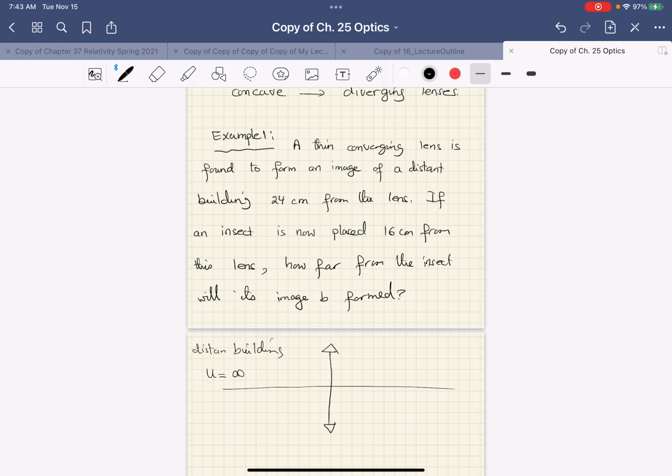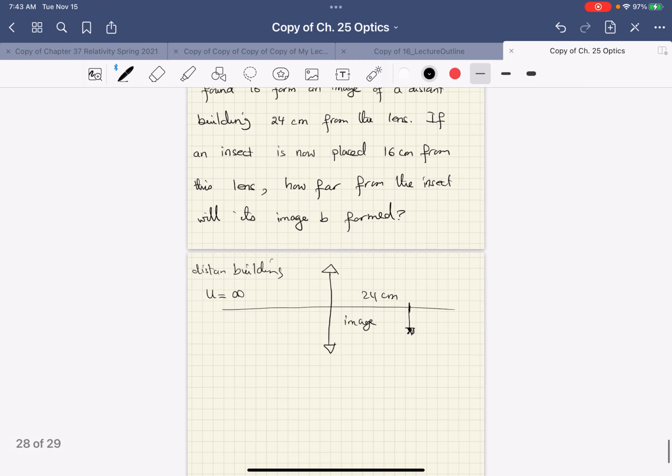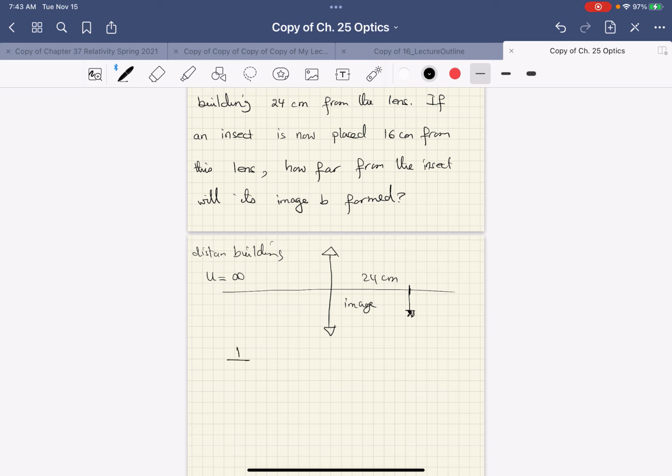And it is forming the image somewhere, 24 centimeters from the lens. I can say 1 over U plus 1 over V equals 1 over F. This is a way of measuring the focal length of the lens. 1 over U is going to be 0 because it is 1 over a very large number. Therefore V equals F, and the focal length of this lens is 24 centimeters.